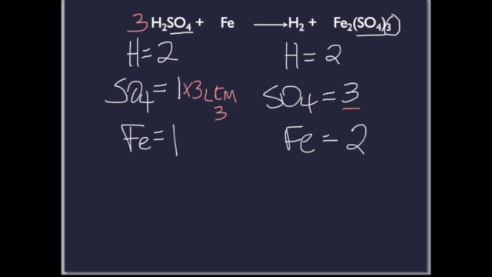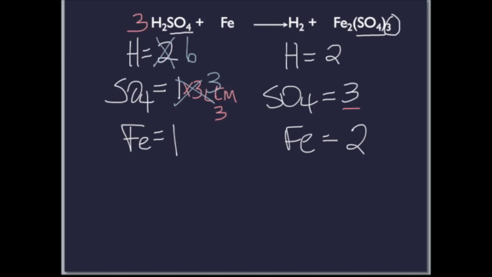The next step is to perform a new atom inventory. Well, I don't have 2 hydrogens on the reactant side anymore. I have 6. And now I have 3 sulfates, and I still have just the 1 iron. I didn't change anything on the product side, so that's all fine. Okay, everything is still not balanced. So let's look at our elements that aren't balanced, and Fe is next on our list.